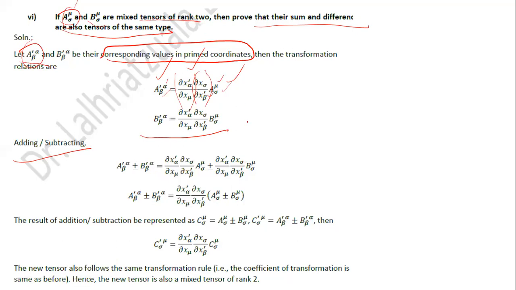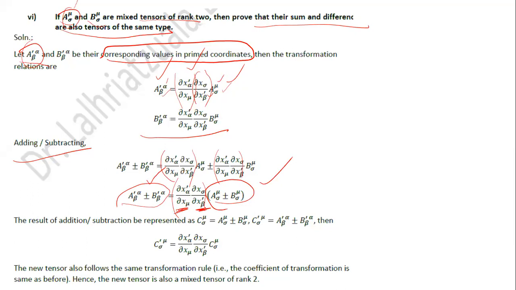If you perform it like this, in these two terms on the right hand side, these are common factors, so you can take them as common. And the addition or subtraction in the unprimed system and in the primed system are related with this transformation coefficient.